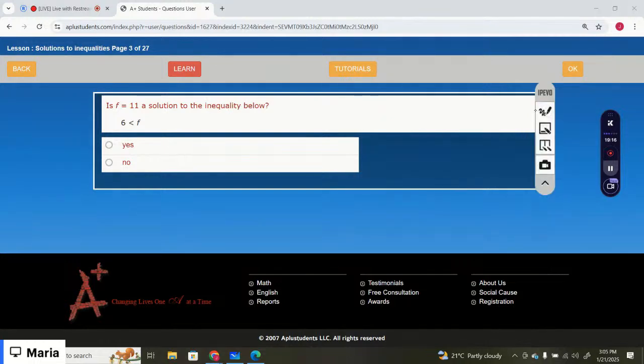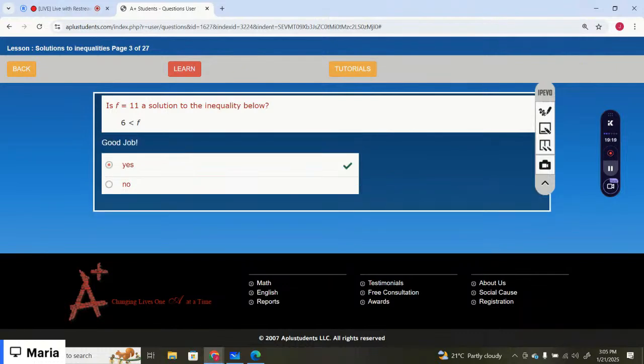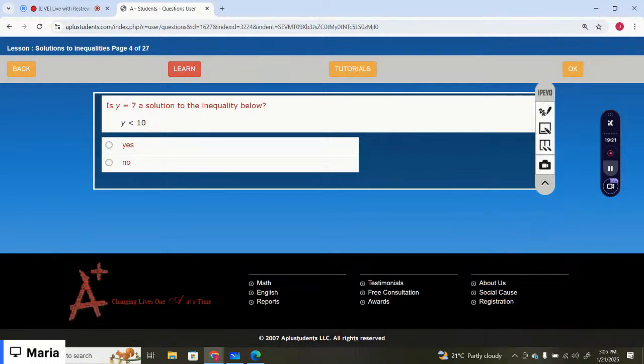Yes, it is. So that means f equals 11 is a solution of the inequality. Is y equals 7 a solution to the inequality below?